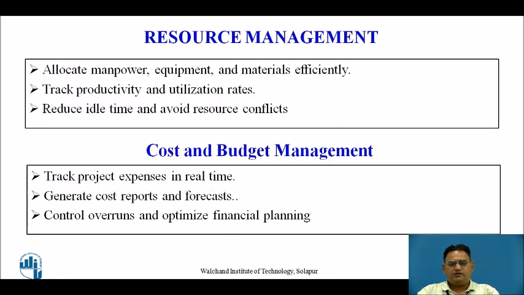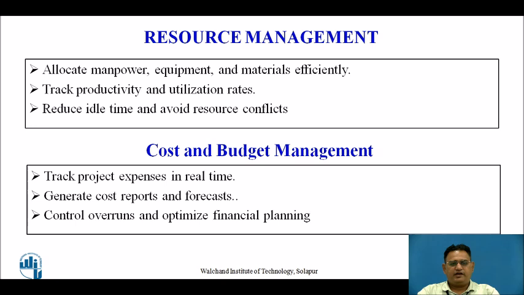The most important part of the software is to have the overall sequencing of the activity, or you can say the sequencing and declaring the interdependency between the activities, and allocation of the resource such as manpower, equipment, material. Once we go with the resource allocation, it will declare the cost required for the execution of the activity or the project.